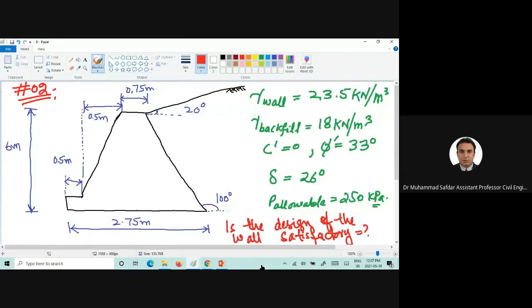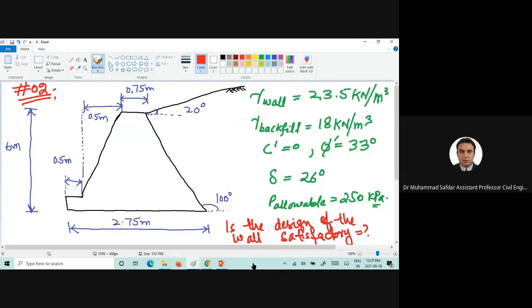Now, if you see here, the retaining wall is also inclined and the sloping surface is also inclined.